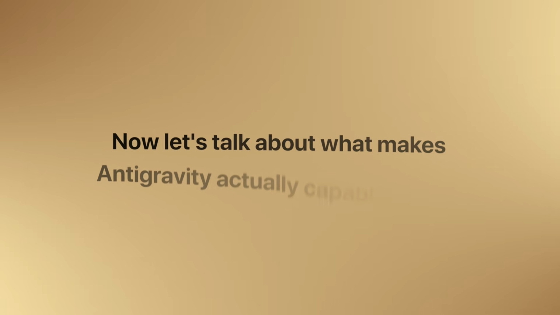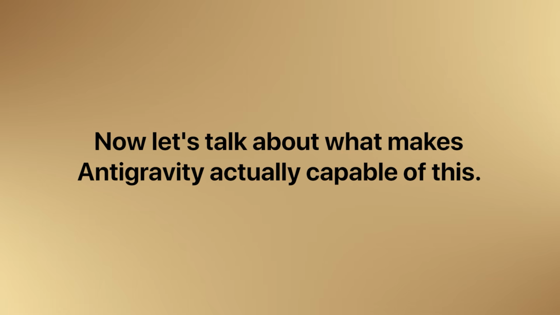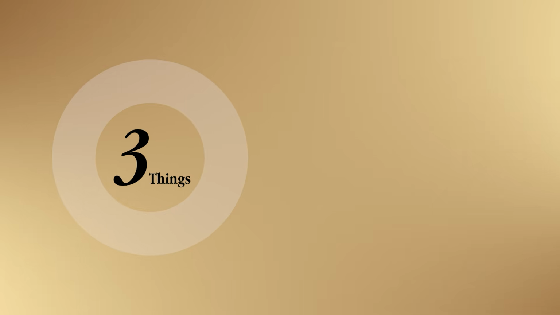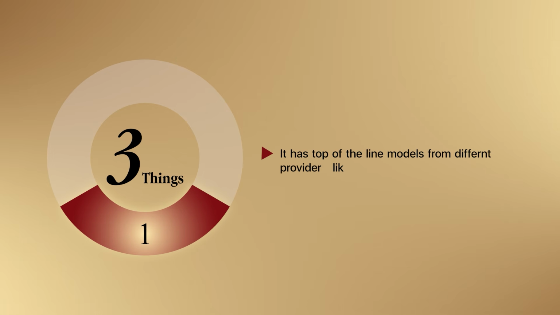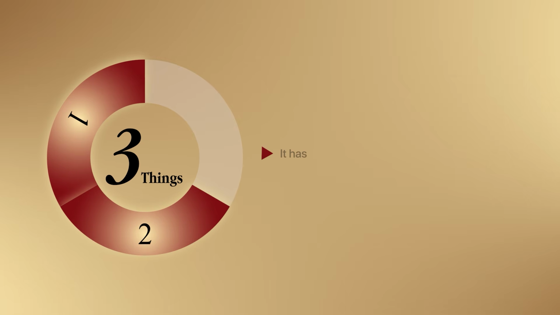Now, let's talk about what makes Antigravity actually capable of this. There are three specific things working together. First, it has top-of-the-line models from different providers like Google Gemini 3.1, Claude Opus 4.6, etc. Second, it has an agent manager, a system for spawning multiple AI agents working in parallel like a team.